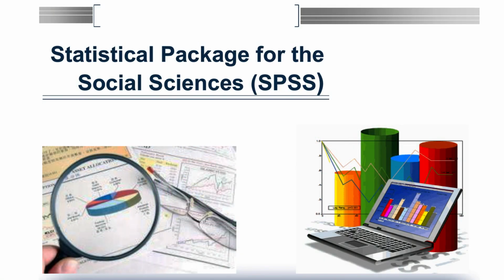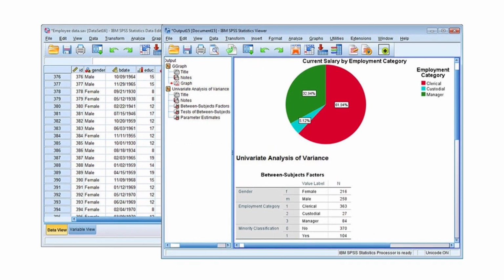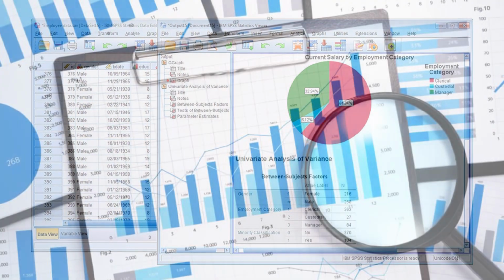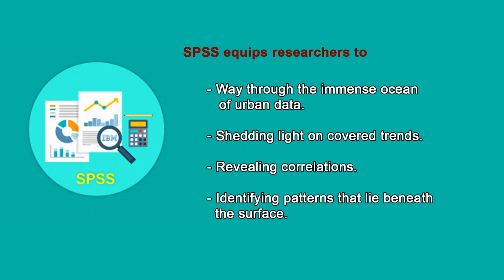SPSS, the Statistical Package for Social Sciences, is a vital instrument that is crucial in revealing the complex layers of urban dynamics, and it is at the forefront of urban data analysis. With its extensive set of statistical analytic tools, SPSS equips researchers to wade through the immense ocean of urban data, shedding light on hidden trends, revealing correlations, and identifying the patterns that lie beneath the surface.